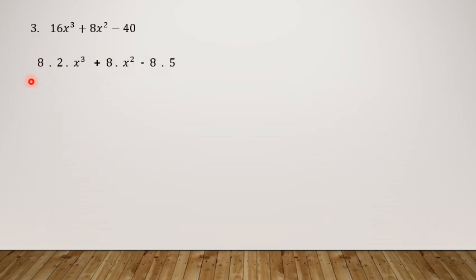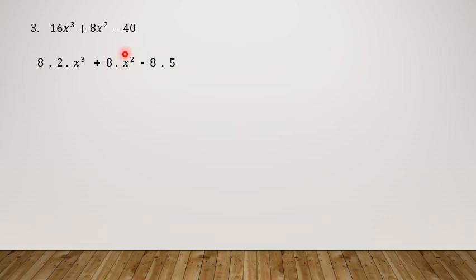Tingnan natin. 8 times 2 times x cubed, copy lang. Plus 8 x squared or x raised to 2. Okay? Ito may divisible 1 yan, kaya huwag kayong wawala. Huwag kayong magtataka bakit wala siya. Divisible, pero nandyan siya. Kasi ito ay may letter.